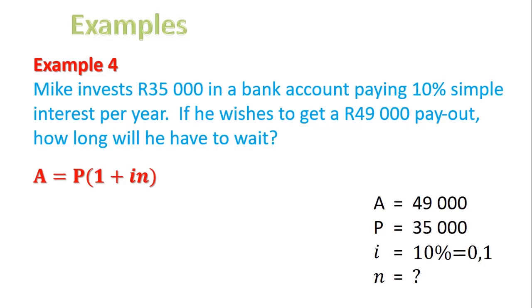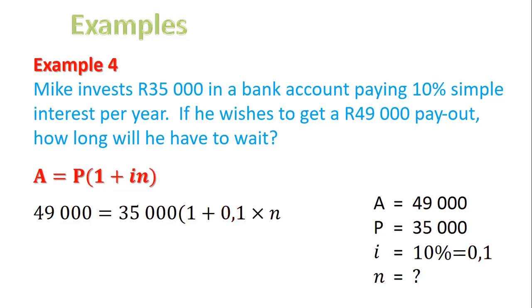Well, my A is 49,000, equals, my P is 35,000, open brackets, 1 plus, and my interest rate as a decimal is 0,1 times n, because I want to find out how long the person has to wait, close brackets.